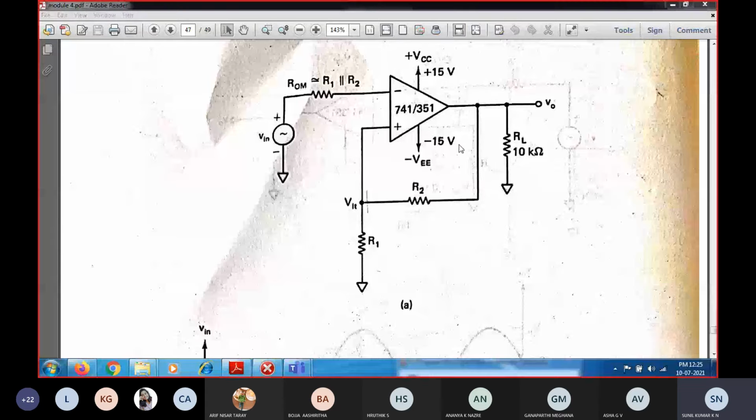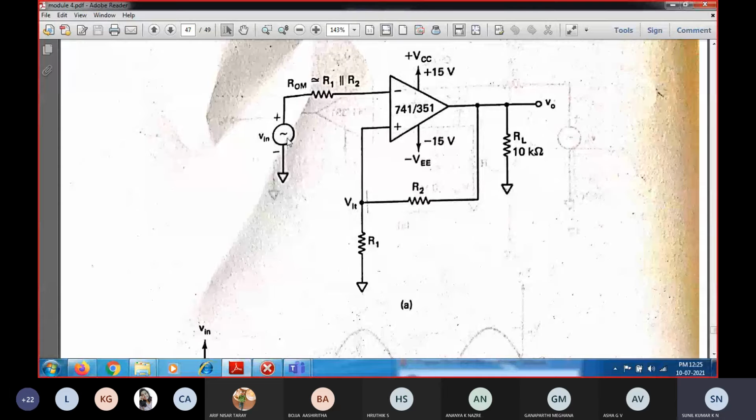Now, whenever the input voltage connected to the inverting terminal exceeds plus 7 volts, even by microvolts, what will happen? If it exceeds plus 7 volts, the inverting terminal will become greater than the non-inverting terminal.